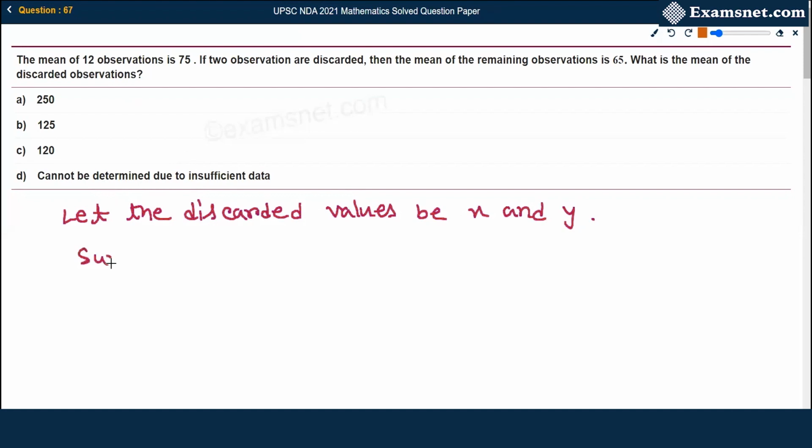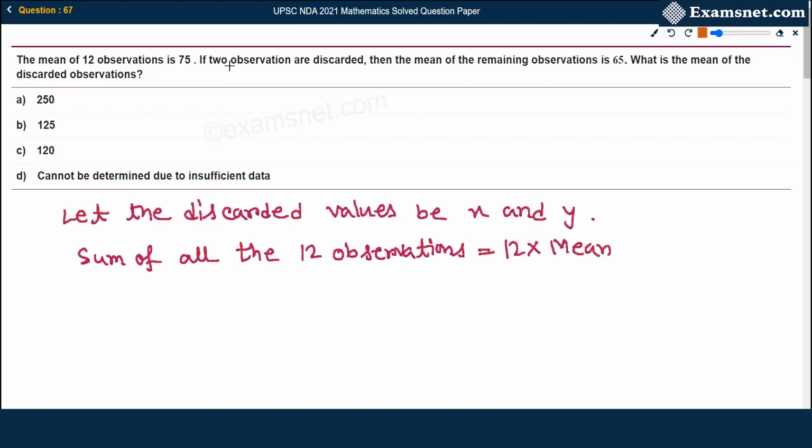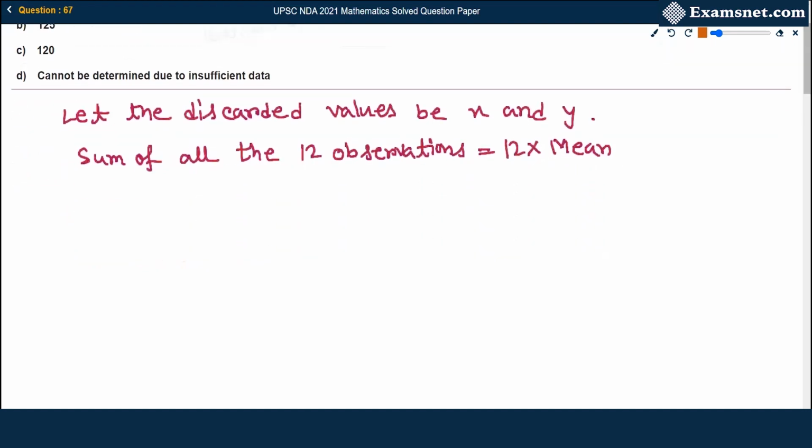So the sum of all the 12 observations equals 12 multiplied by the mean. It's already given that the mean is 75. So we can denote the sum of all 12 observations as S1. So S1 equals 12 multiplied by 75, that is 900.